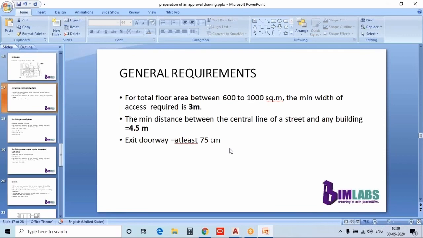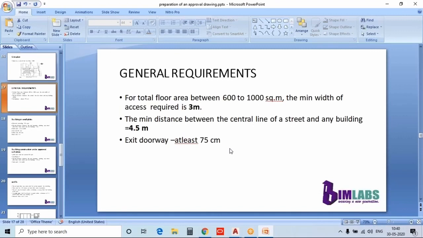So 1 square meter is approximately 10.76 square feet. So 1000 square meters is approximately 10,700 something square feet. Then the minimum width of the access required is 3 meters.